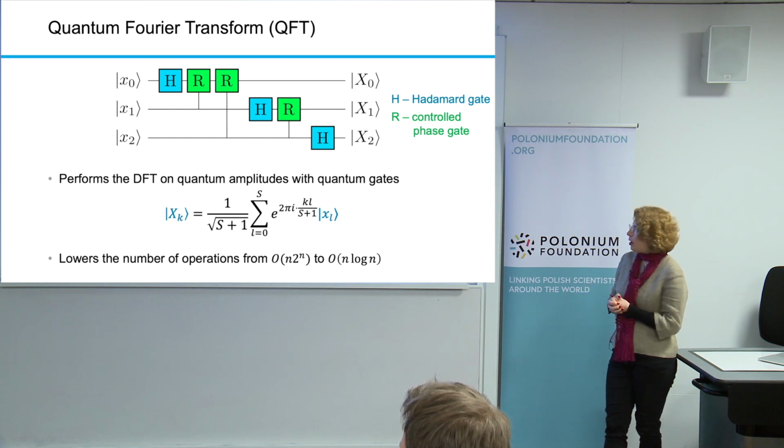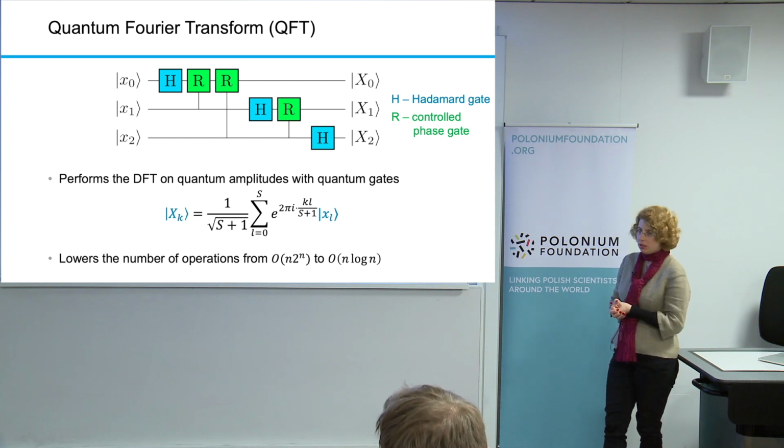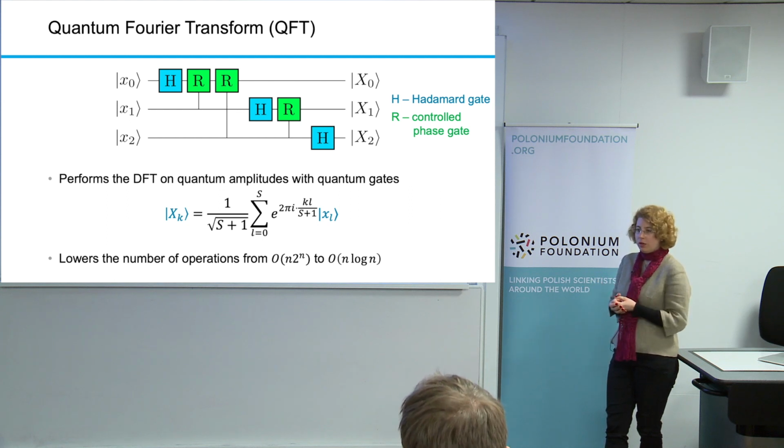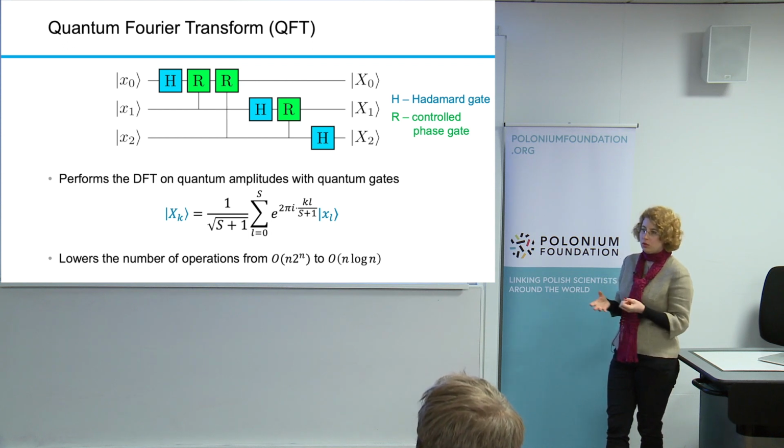But apart from that, we cannot hope for any speed up versus the amount of data that we are actually processing. It lowers the number of operations to n log n, where n is the number of gates to be used on a quantum computer to process some amount of information.